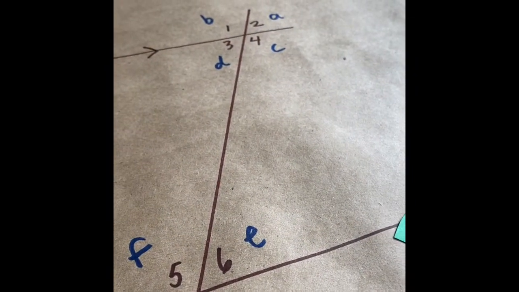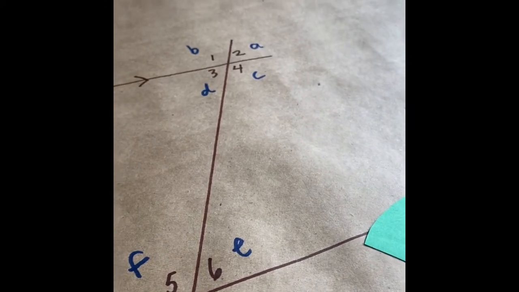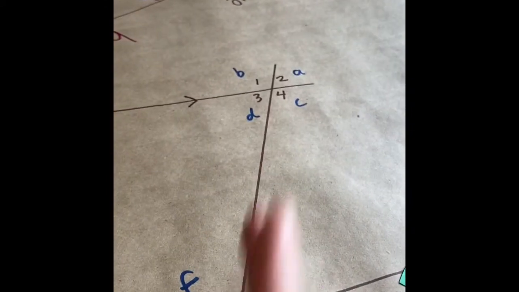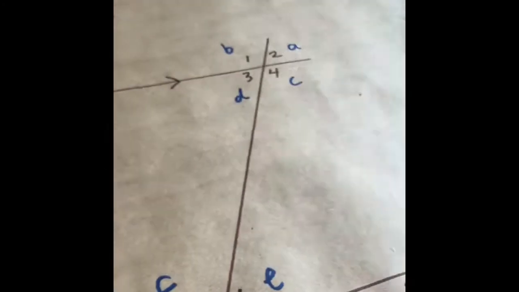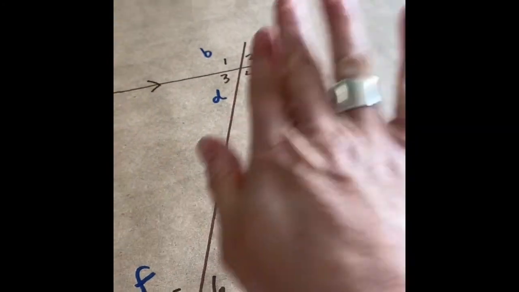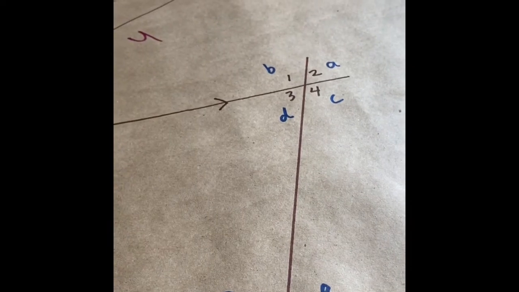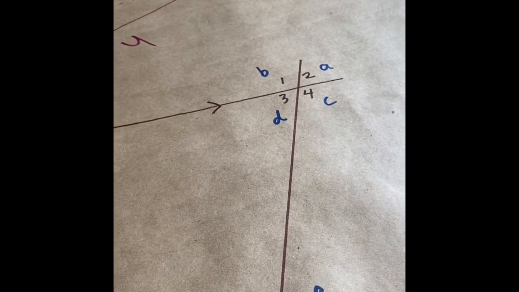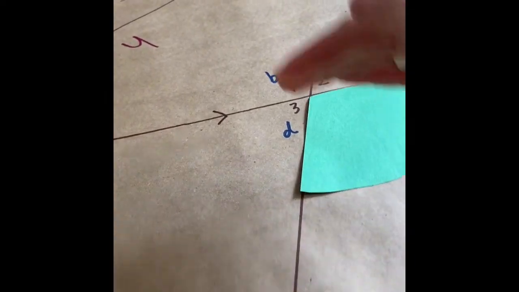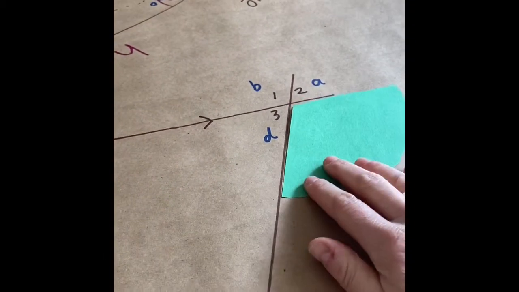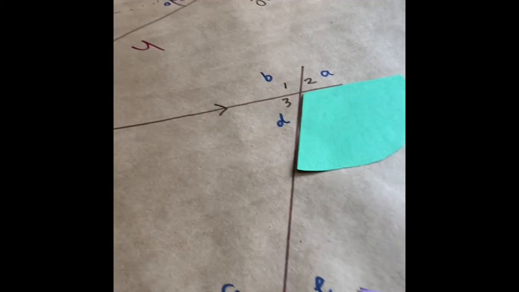Interior angles on the same side of the transversal. So first of all, here's a transversal. We're talking about angles that are on the same side of the transversal, so over here, or on that side. Now, interior means on the inside of the parallel lines. So let's find the angles that are on the inside, not on the outside. So here's one, here's one.